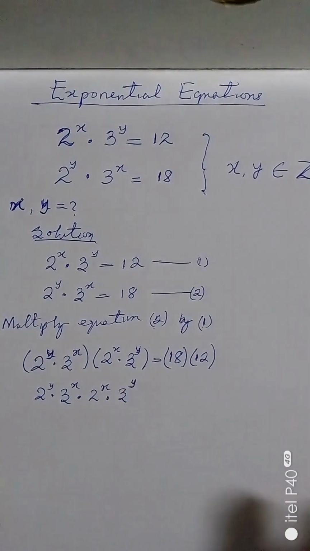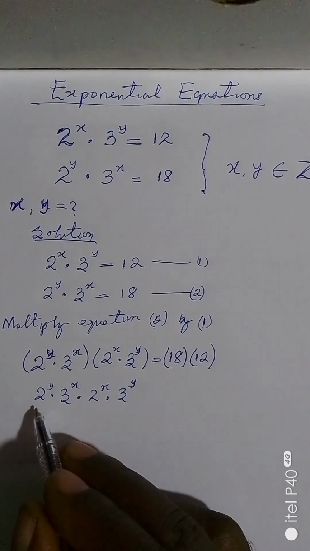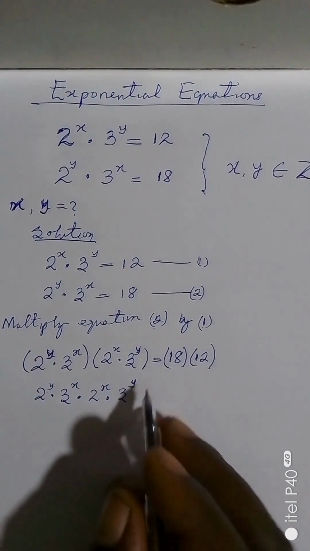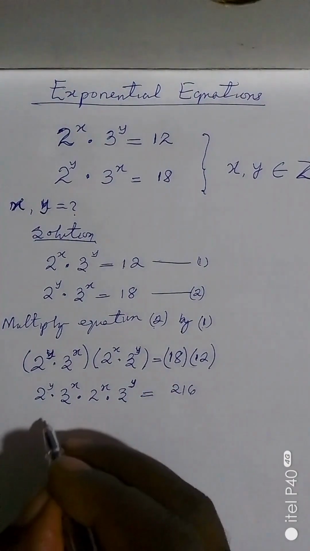So what I'm going to do is to bring same powers together, okay? So here I'm going to have 216.